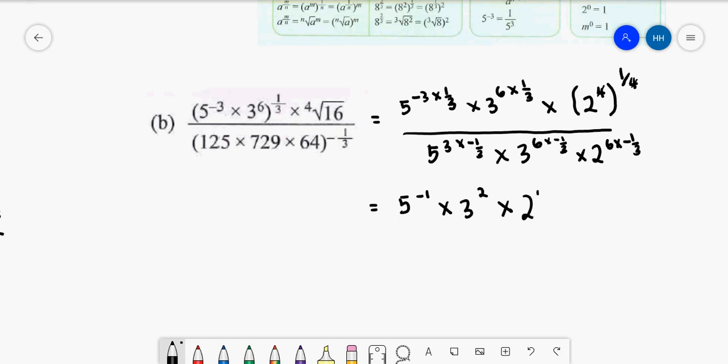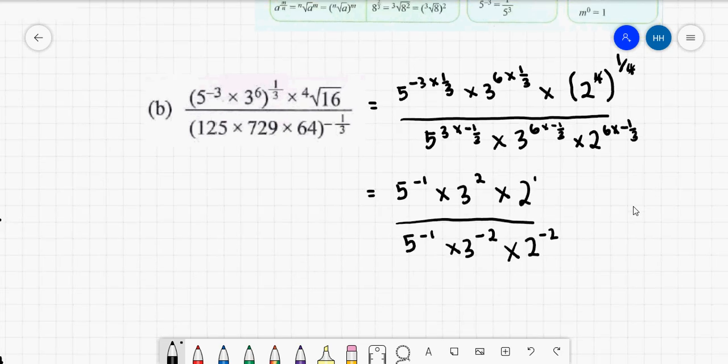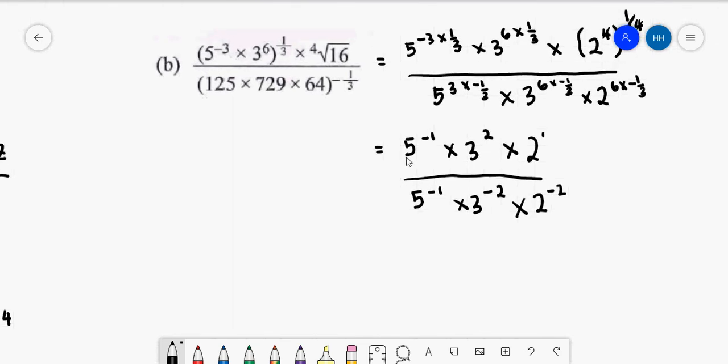Divide 5 to the power of 3 times negative 1 over 3. So this is 5 to the power of negative 1, and then times 3 to the power of negative 2 times 2 to the power of negative 2.